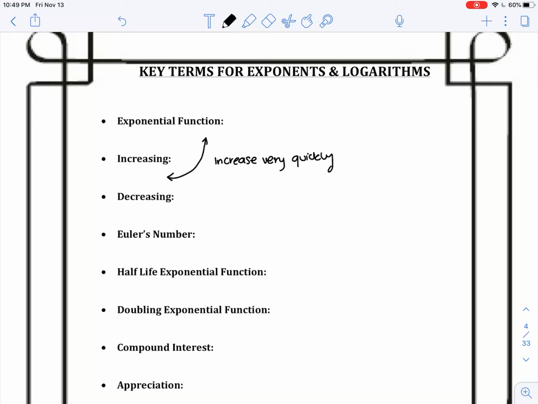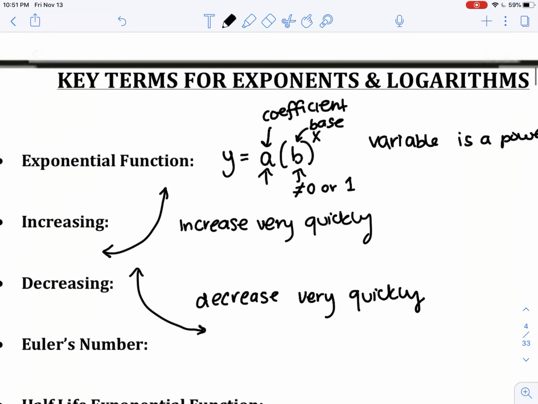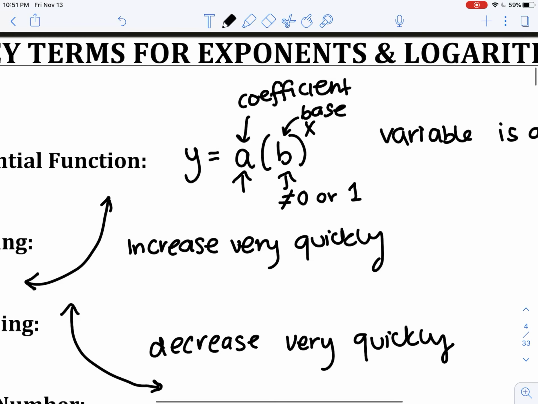Okay, so we'll always fill in a with a value, and b with a value. B can never be equal to 0 or 1. They're not allowed to equal 0 or 1. Those are called bases, okay? And this right here is called your coefficient, a. The coefficient and the base cannot ever multiply together.